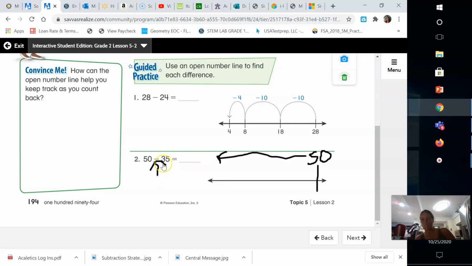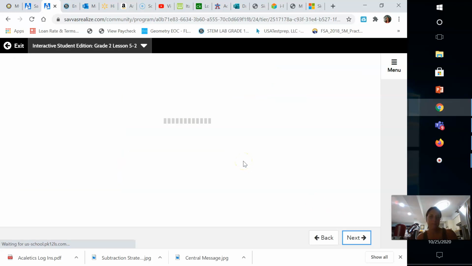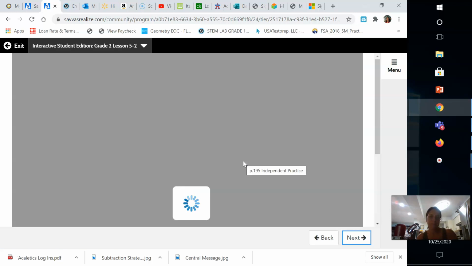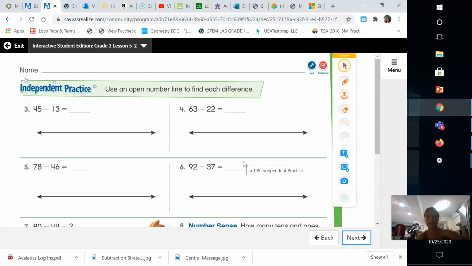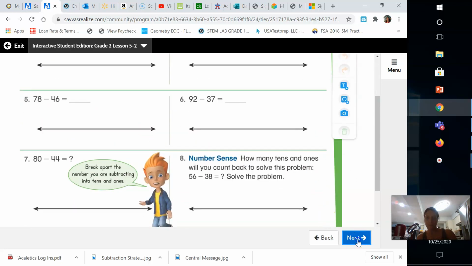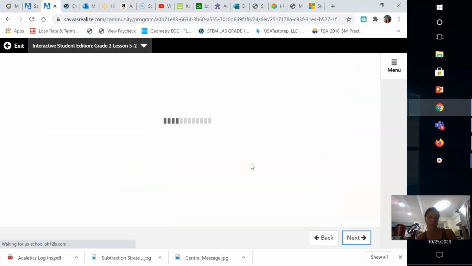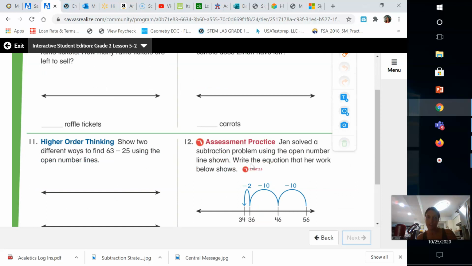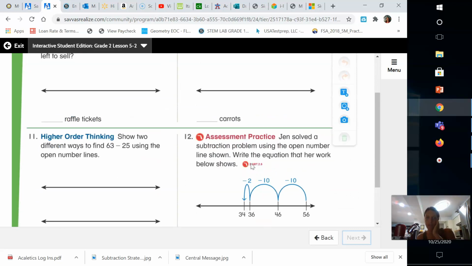You're going to go back 3 tens and 5 ones and see what your answer is. And then you've got about 5 of them to do here. And probably a couple of story problems that are subtraction. And they even made you little number lines, okay?